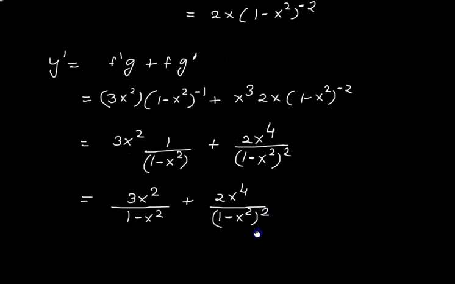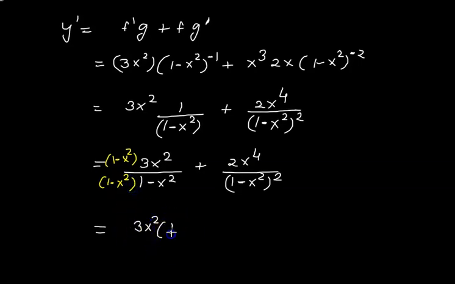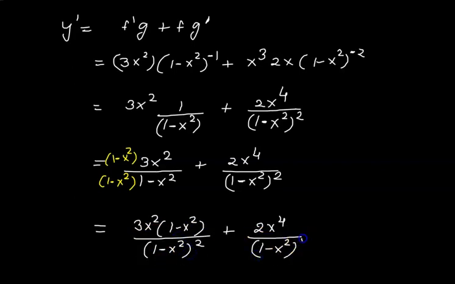This is the derivative of the given rational function, but if you write it in compact form, we can simplify it further by making the same denominators. For that, we multiply the first term by (1 minus x square) over (1 minus x square), which gives you 3x square times (1 minus x square) over (1 minus x square) raised to 2.